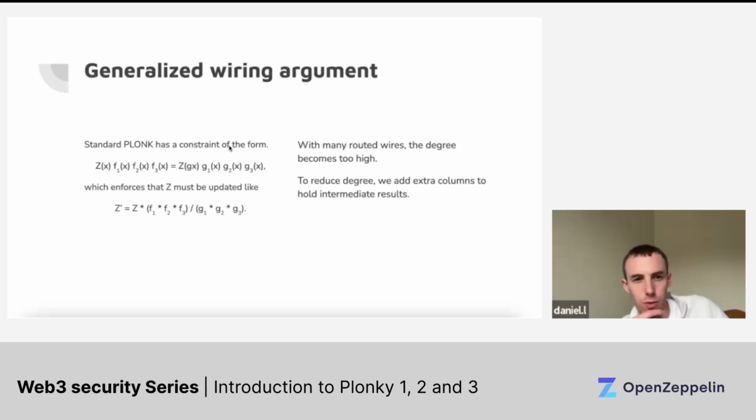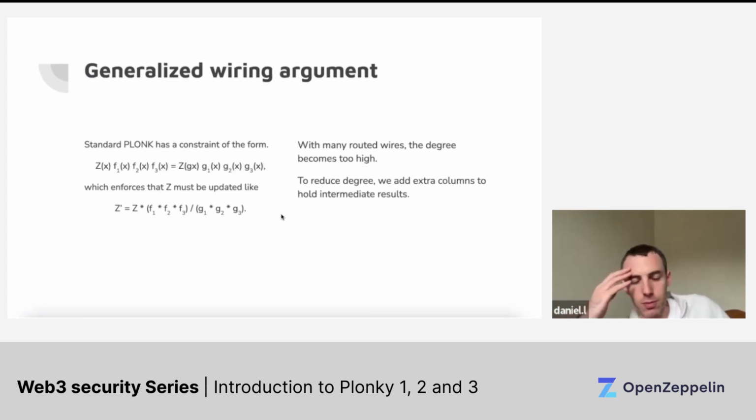We also have to tweak the Plonk protocol a bit because in standard Plonk, there's this one big constraint for the whole wiring argument. And this is basically asserting that this cumulative product has been updated correctly according to this ratio of F and G representing 2 sides of the permutation argument.